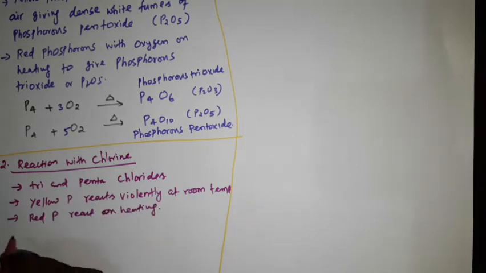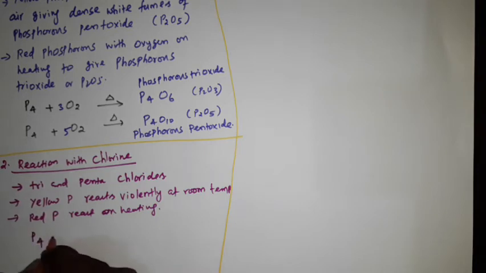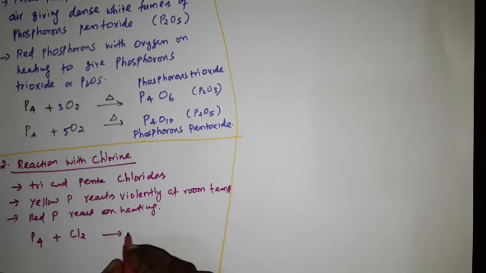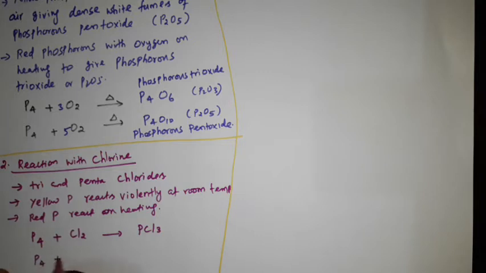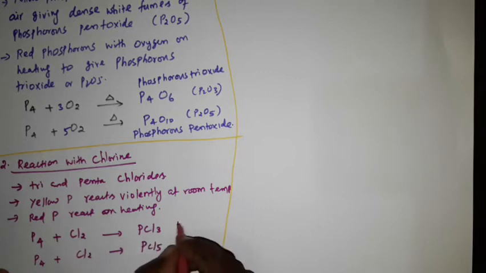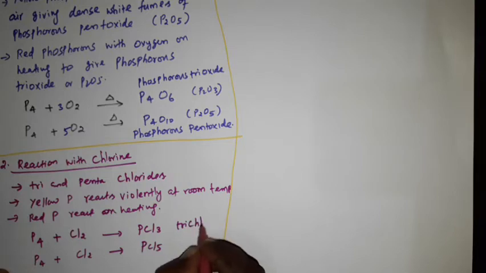Now see the reaction. Phosphorus P4 plus Cl2, we are getting phosphorus trichloride, that is PCl3. Then P4 plus chlorine, we are getting phosphorus pentachloride, that is PCl5.